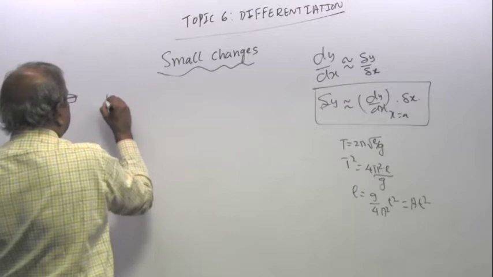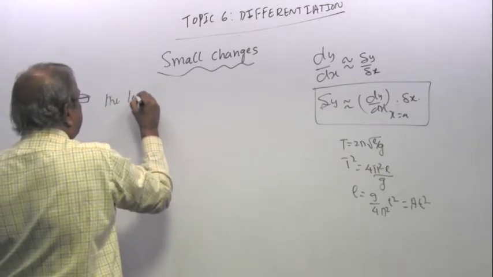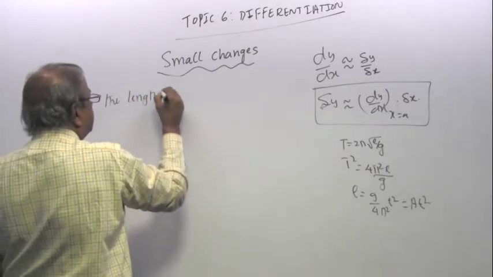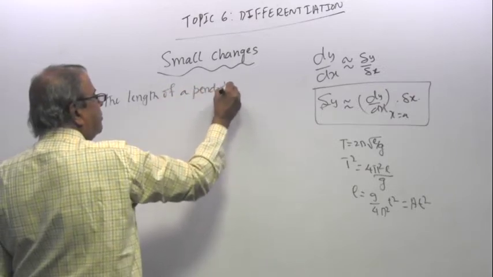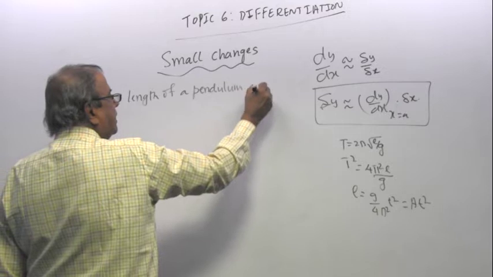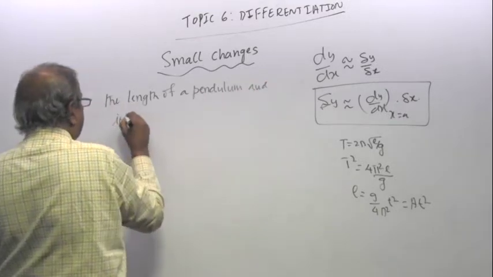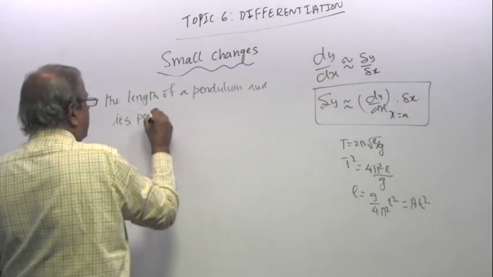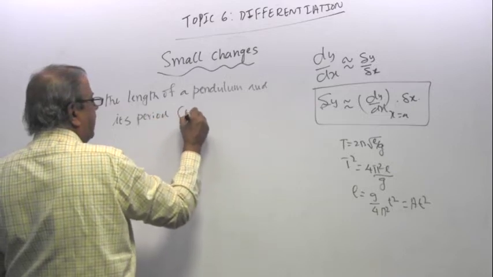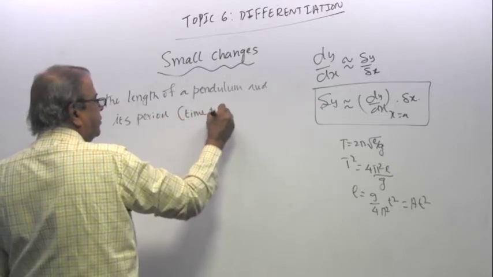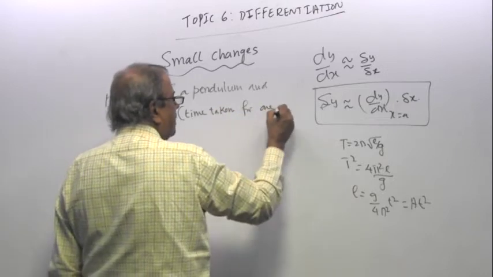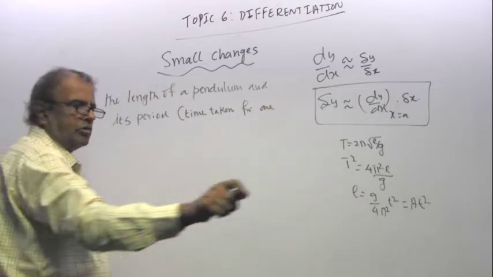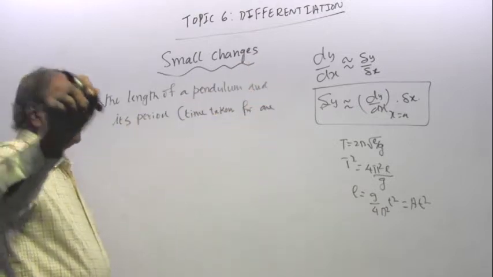So the length of a pendulum and its period, that is time taken for one complete swing. We start from here, go there, comes back.